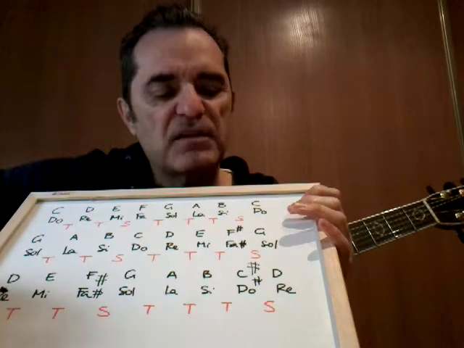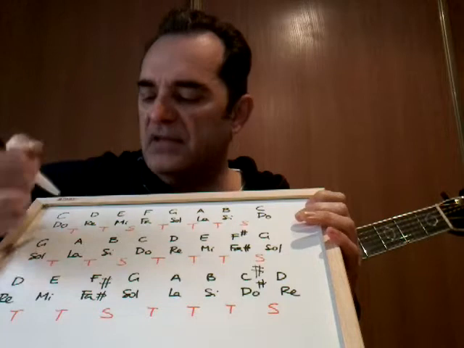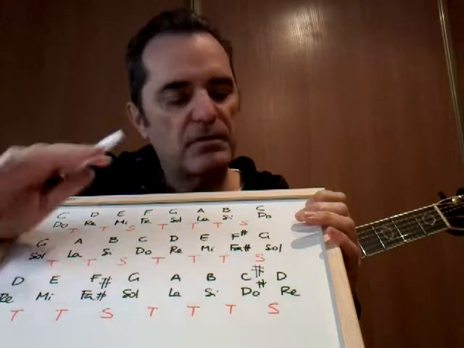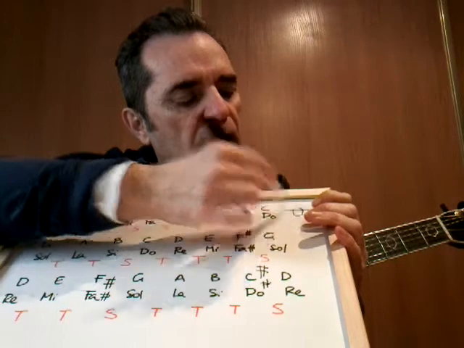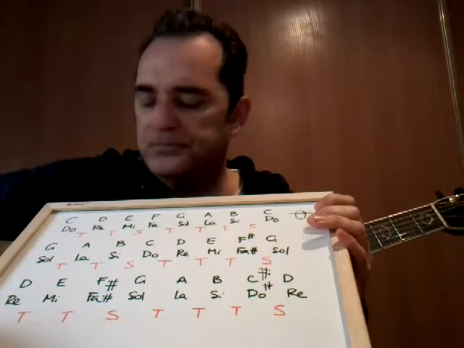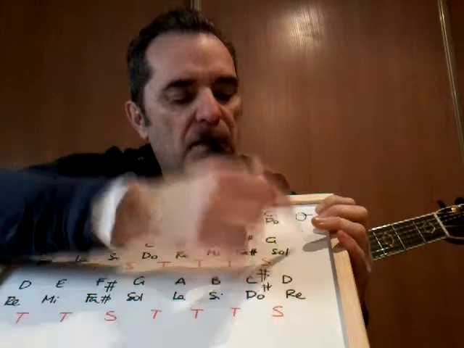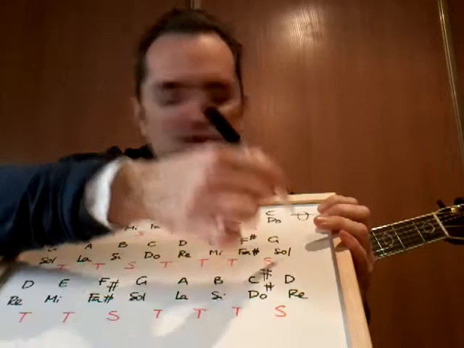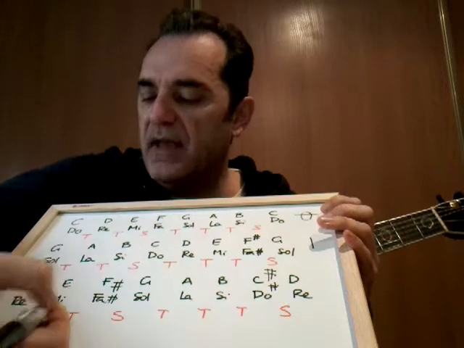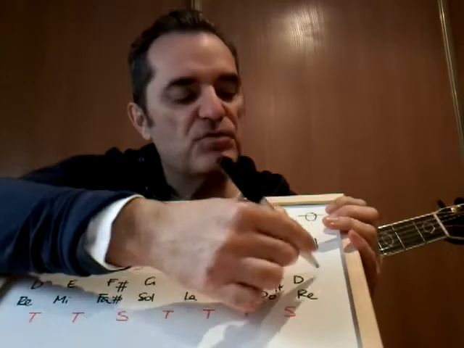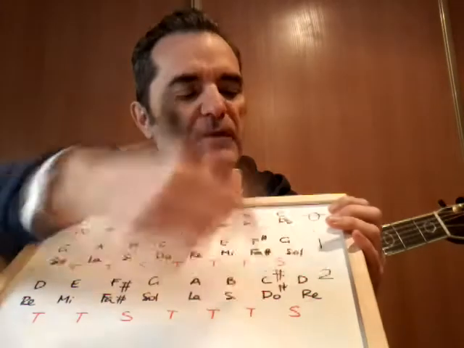We need to change two sharps, and we see that C major doesn't have any sharp. The scale of G has one sharp, it's F sharp, and the scale of D has two sharps.